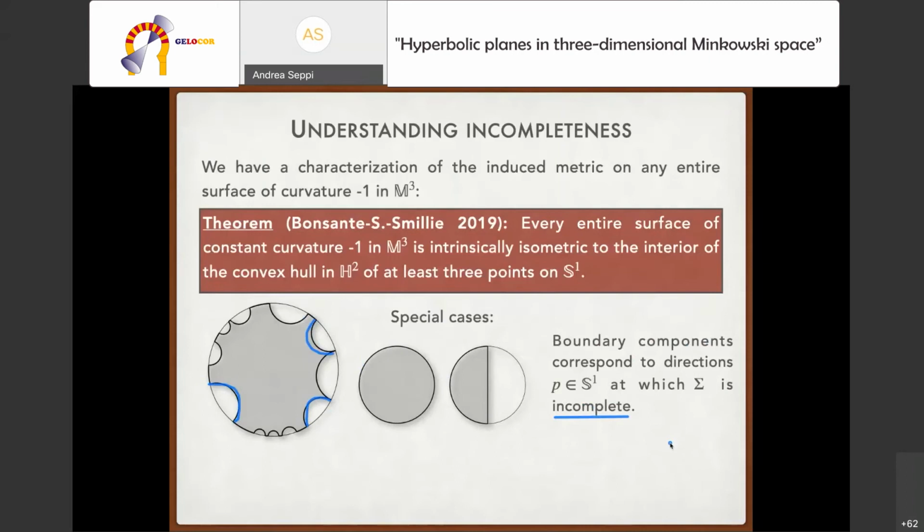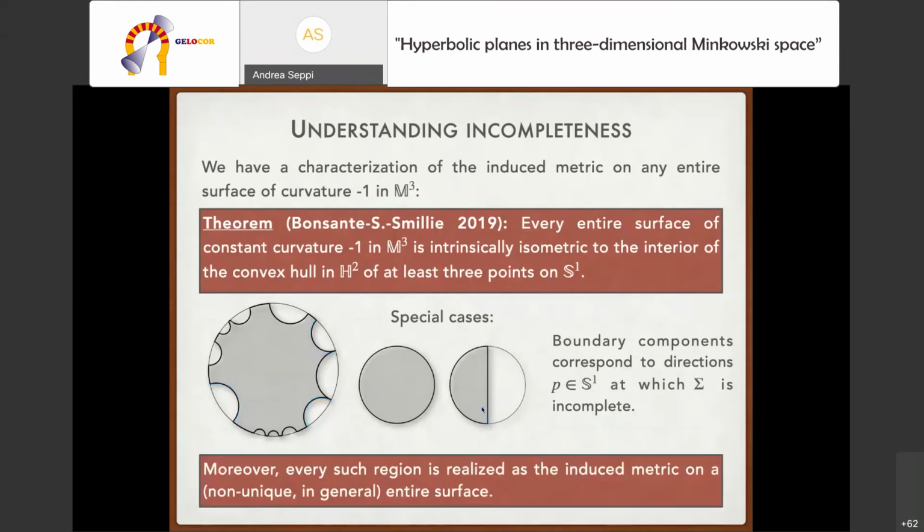There is a bijection between incomplete directions and these boundary components in the convex hull. So, for instance, this example here, this parabolic invariant surface, was incomplete in just one direction, where we had this jump.